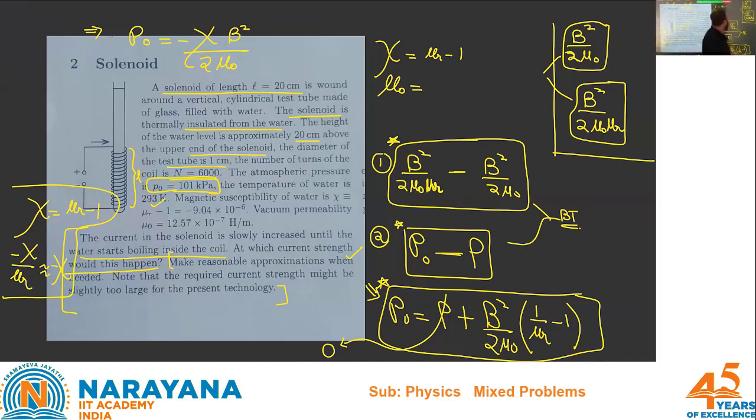Now I don't think there is a big issue because I'll have to just solve it out. P naught will come out as minus chi by 2 mu naught multiplied by B square, and that B should be equal to mu naught times number of turns per unit length n by L multiplied by I, squared. Solve this equation. I think the only unknown in the problem is I, and you can find out the value of I.